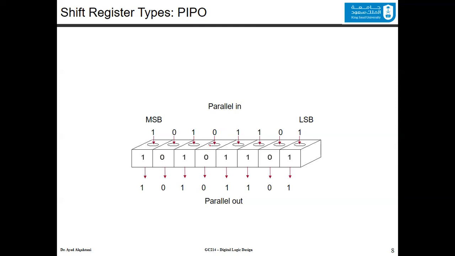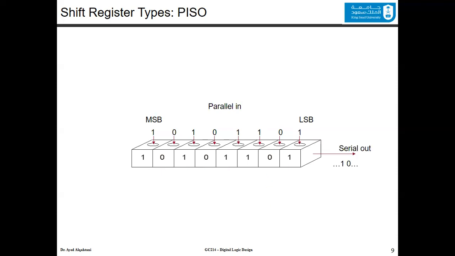This is the fastest type, where you can load the bits inside the register and save them for some time if you want. And then if you want to get them out, you get them in a parallel way at the same clock cycle.